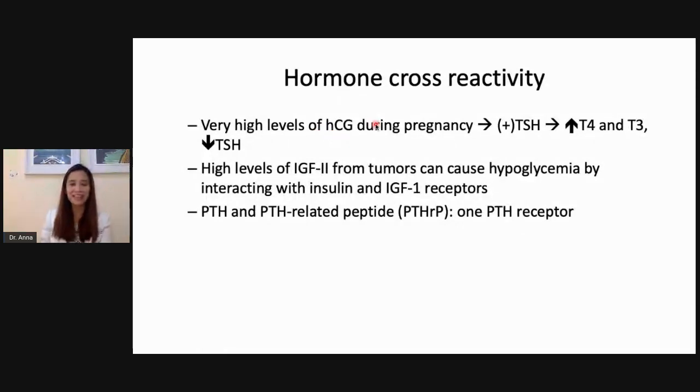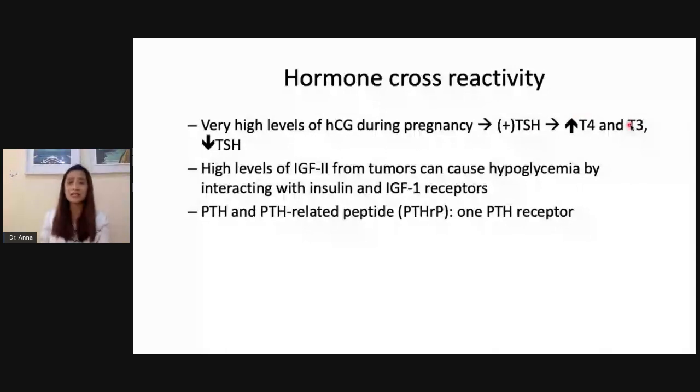Your HCG has a similar beta subunit and can act like your TSH, and can act on your TSH receptor. And when it acts on your TSH receptor, much like your TSH, it will now stimulate your T4 and T3 production from your thyroid gland.